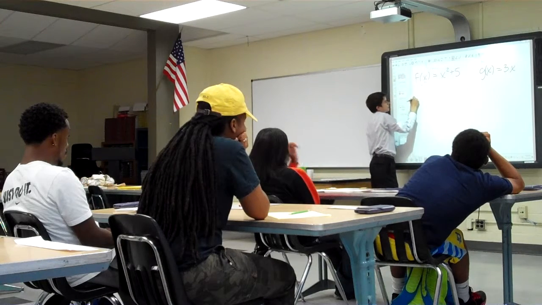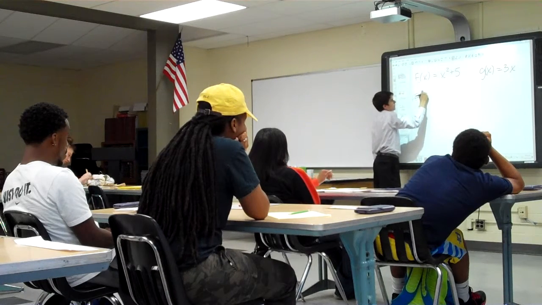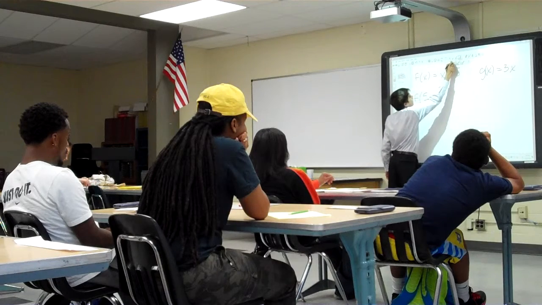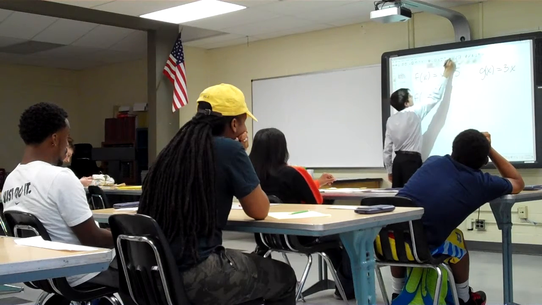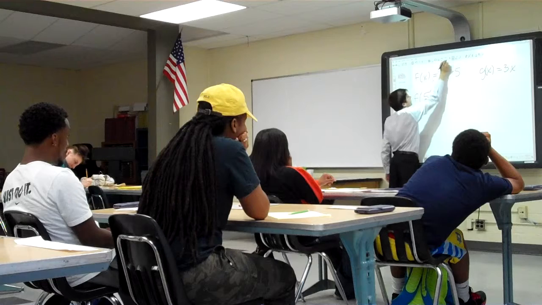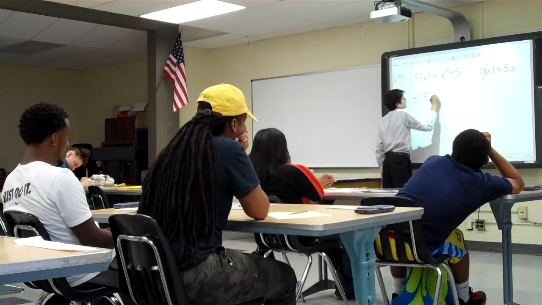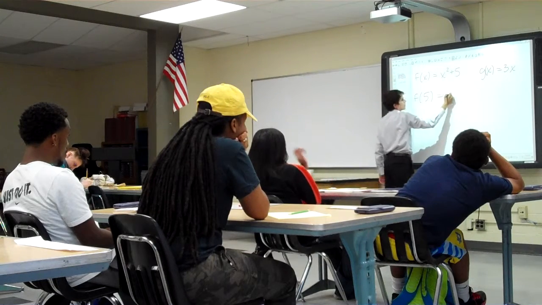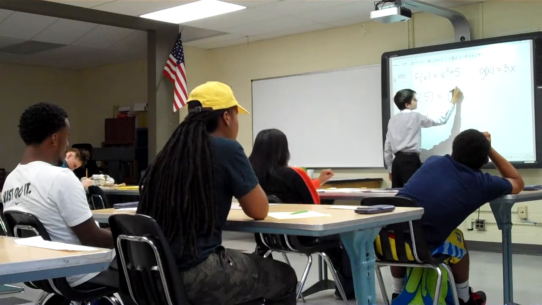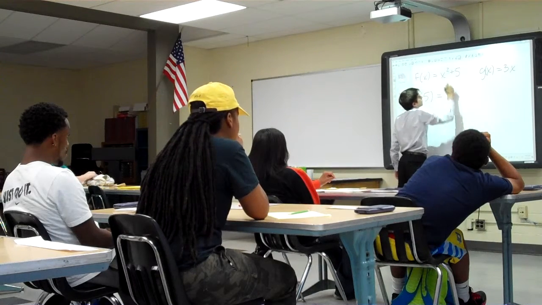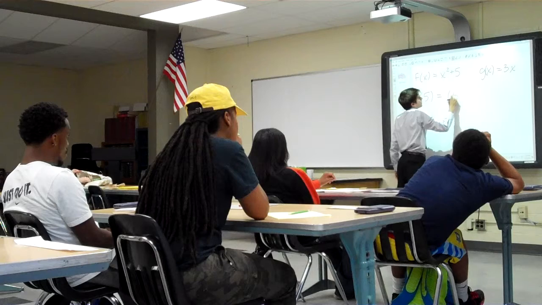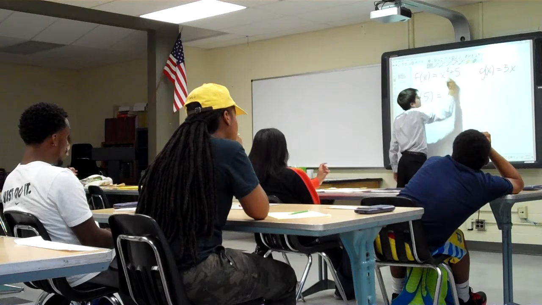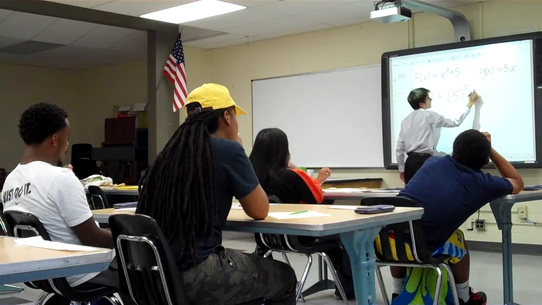So when we do f of 5, f of 5 is 5 squared plus 5.